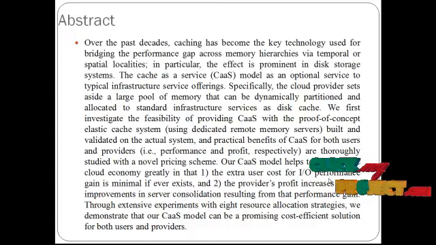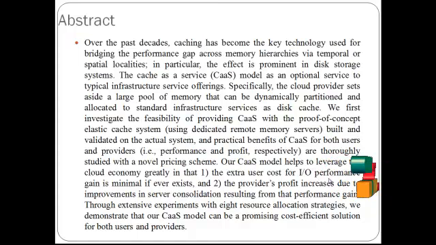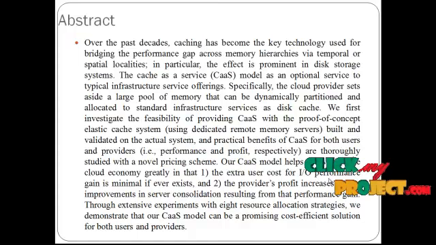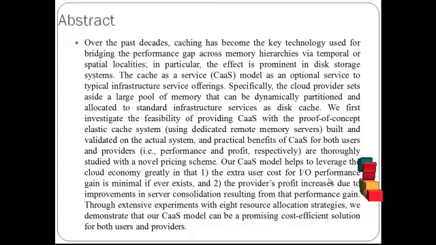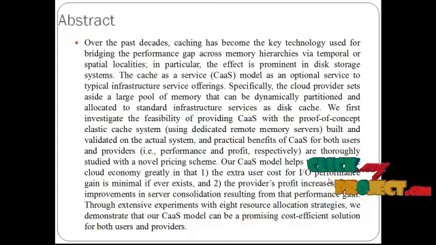We first investigate the feasibility of providing CAS with a proof of concept elastic cache system using dedicated remote memory servers, built and validated on actual systems. The practical benefits of CAS for both users and providers are thoroughly studied with a novel pricing scheme. Our CAS model helps to leverage the cloud economy greatly, in that the extra user cost for IO performance gain is minimal, if it exists at all.